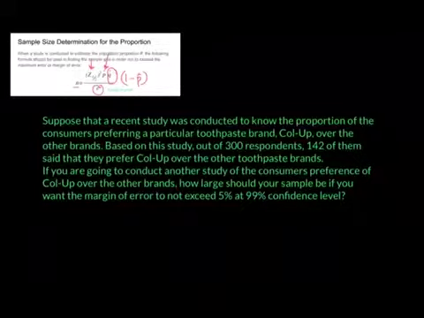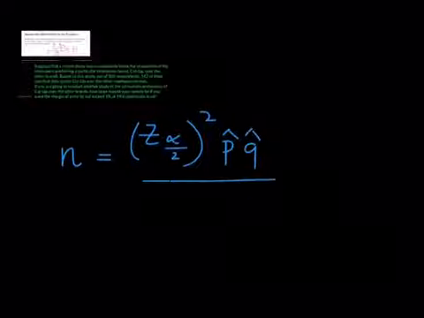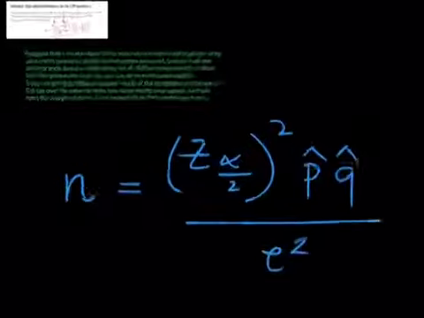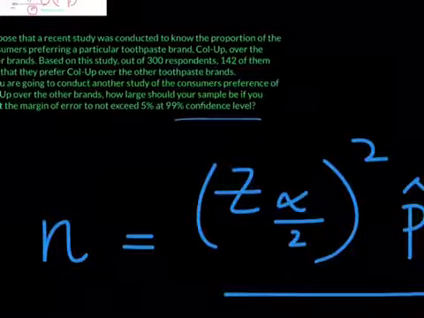So let us use our formula. The sample size n is equal to the z of alpha over 2 squared, p-hat q-hat, over the margin of error squared. Now the z of alpha over 2 will depend on the confidence level set here, which is 99% confidence level.